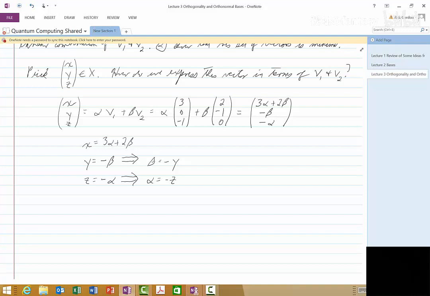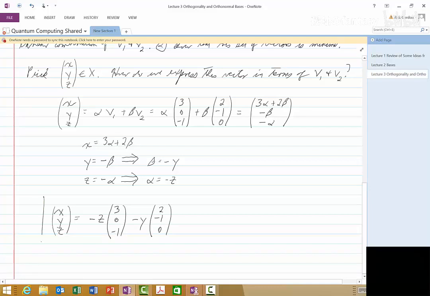And therefore, we already have the result that we had sought, and that is the vector (x, y, z) is equal to alpha, which is negative z, times (3, 0, -1), plus beta, which is negative y, times (2, -1, 0).